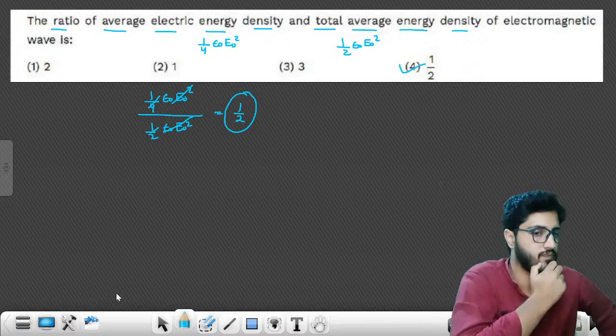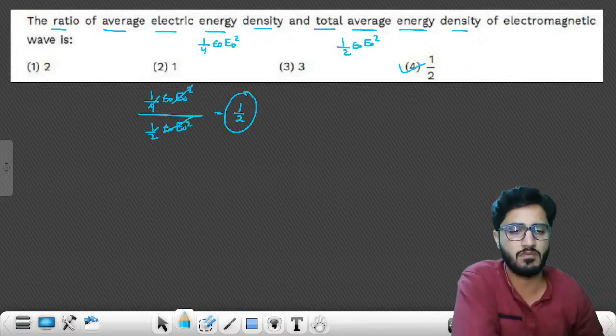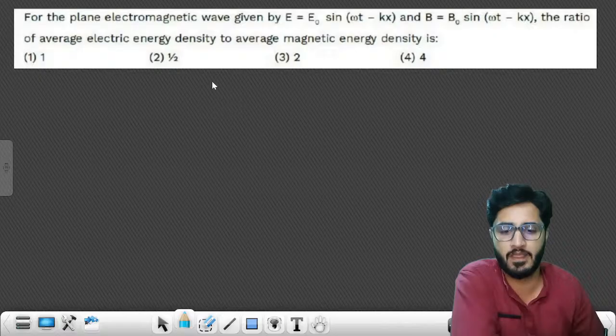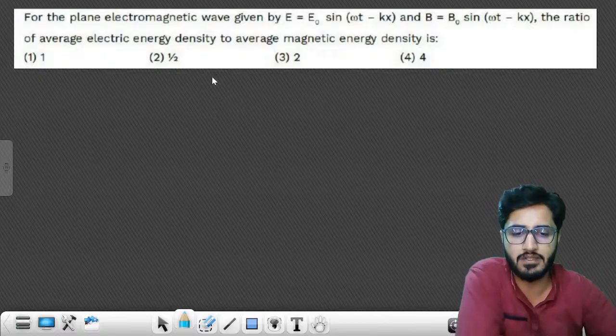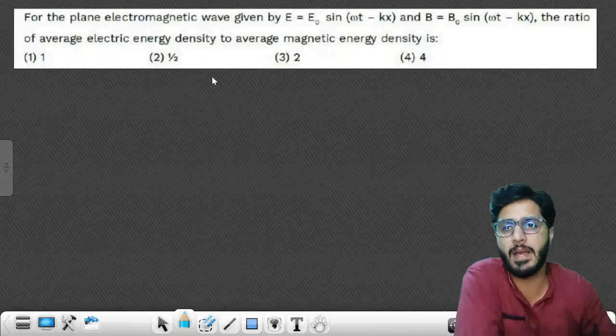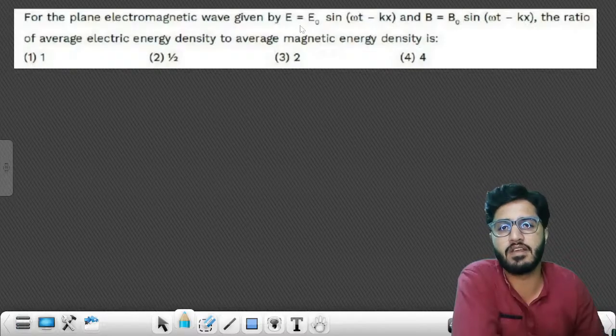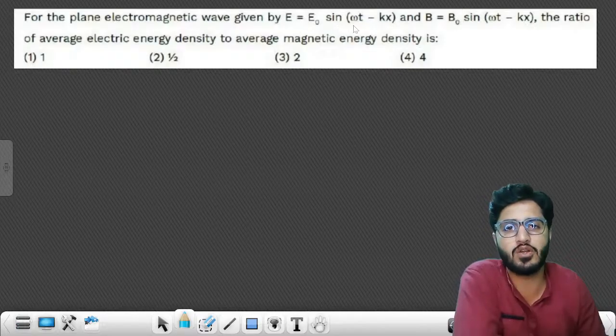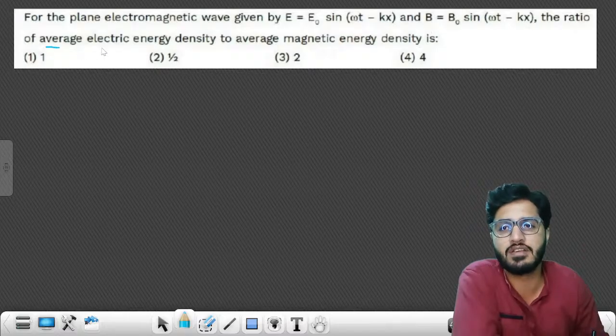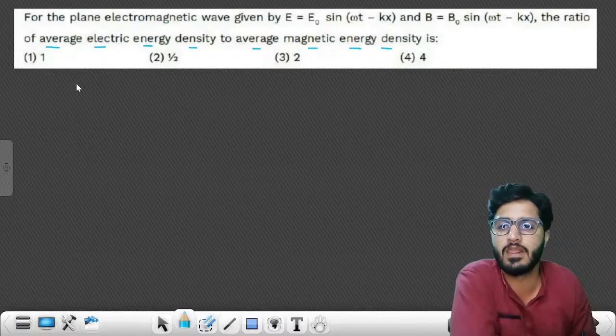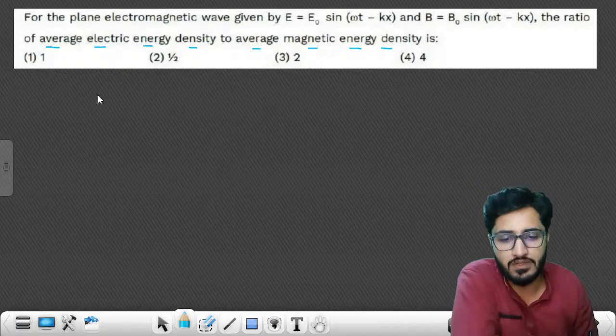Easy now? Next one now. Next numerical is for a plane electromagnetic wave, E equals E naught sine omega t minus kx, and B is like this. The ratio of average electrical energy density to average magnetic energy density. What is this one now? Sir, I guess both are equal.